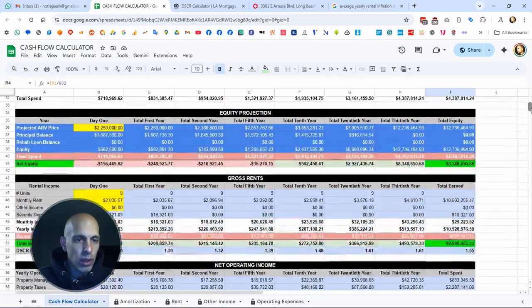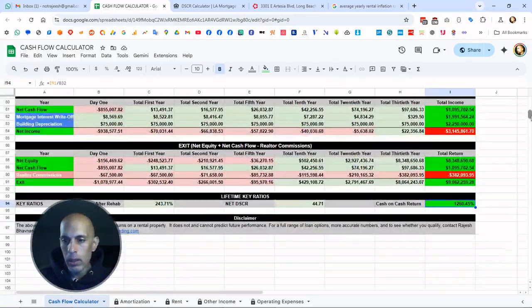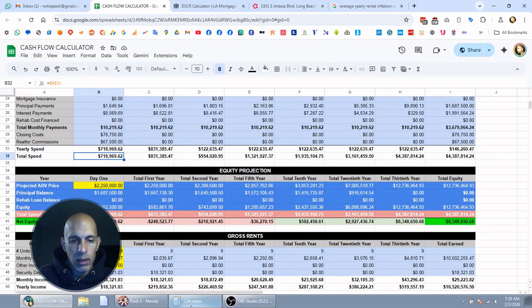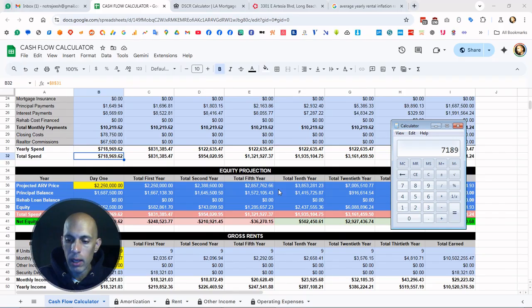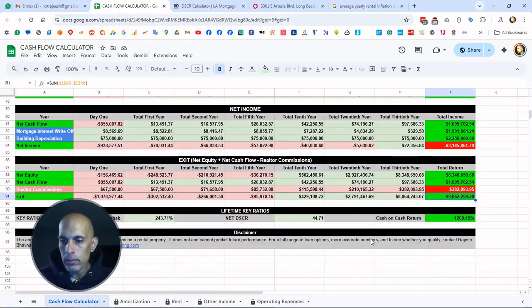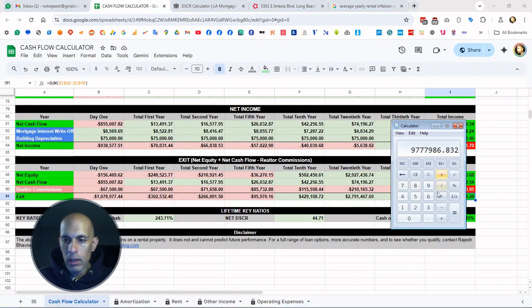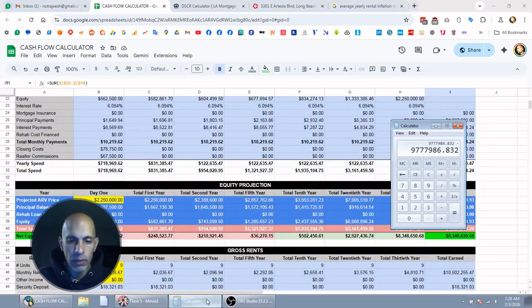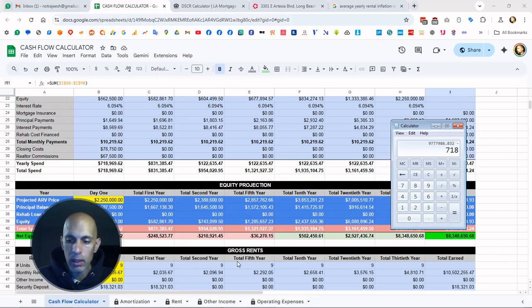So if I were to take this number here, right, the total spend, this is my cash investment, 718,969.62 times 13.6, I should get a figure that is close to this. And then I subtract this one, the 718 figure, minus 718,969.62. This is not making sense to me.